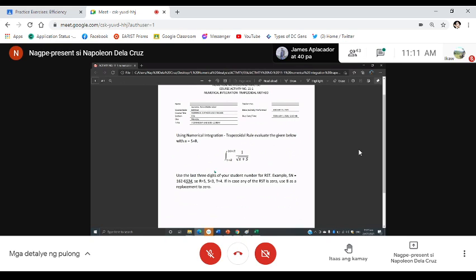So therefore, integration of 1 over square root of x plus s, from 10 plus r. If your s is equal to 3, that will be x plus 3. If your r is 5, that will be 15.